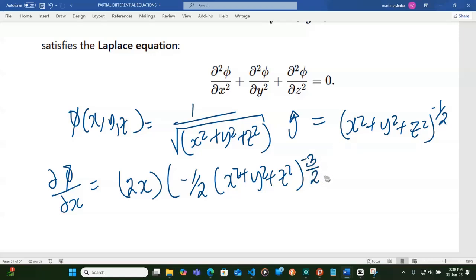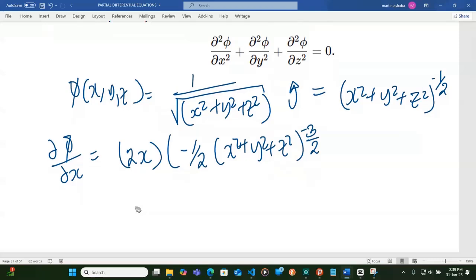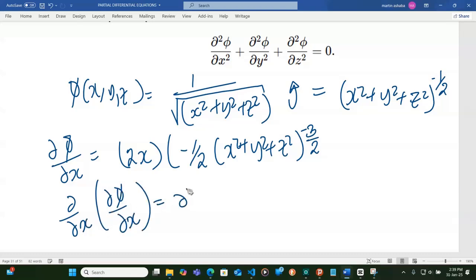So that's the first derivative. Let's proceed and take the second derivative of this partial derivative. Del by del x of del phi by del x is del squared phi by del x squared. I differentiate this again, and we are going to use the product rule.